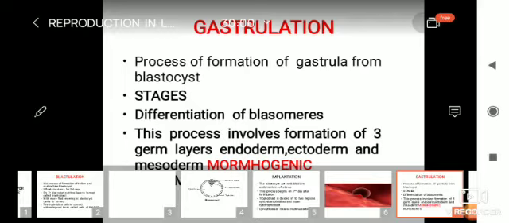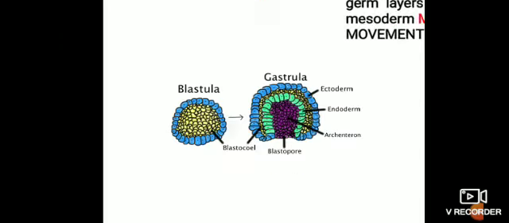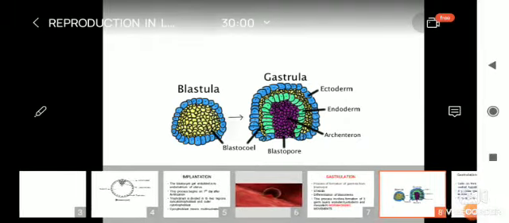brain or nervous system, brain and spinal cord, nails and hairs. Endoderm forms the kidneys, heart, etc., and mesoderm will form the muscles, bones, kidneys, etc. This is the gastrula.